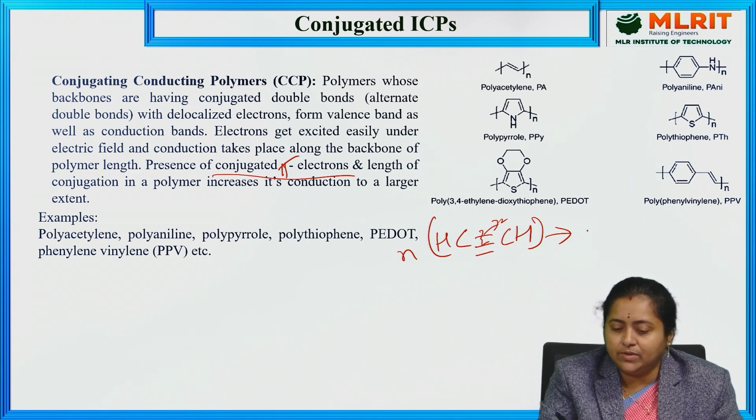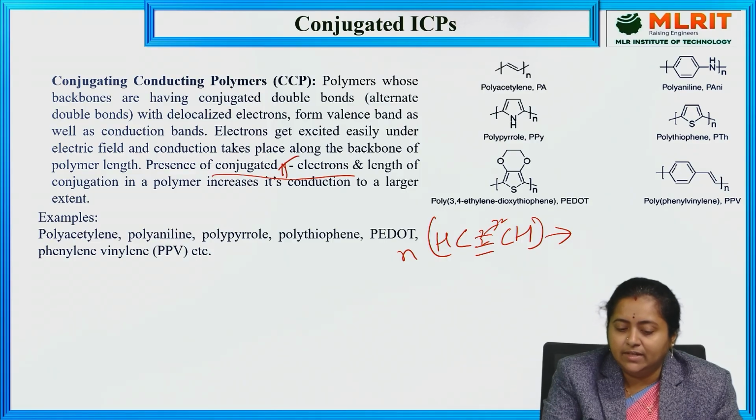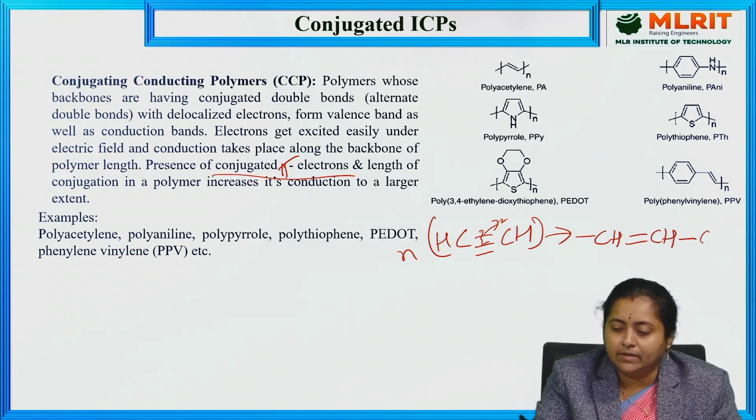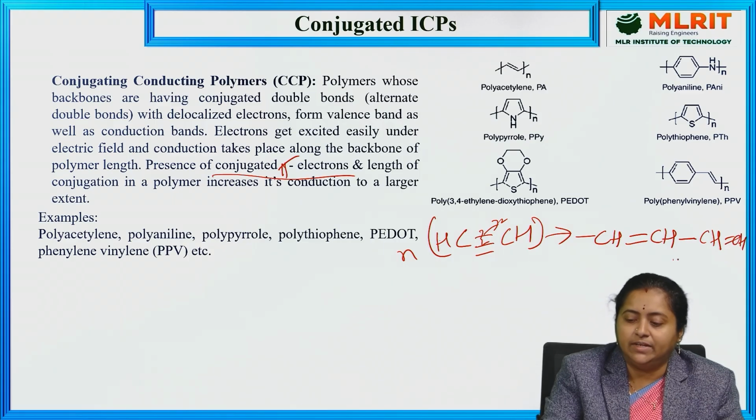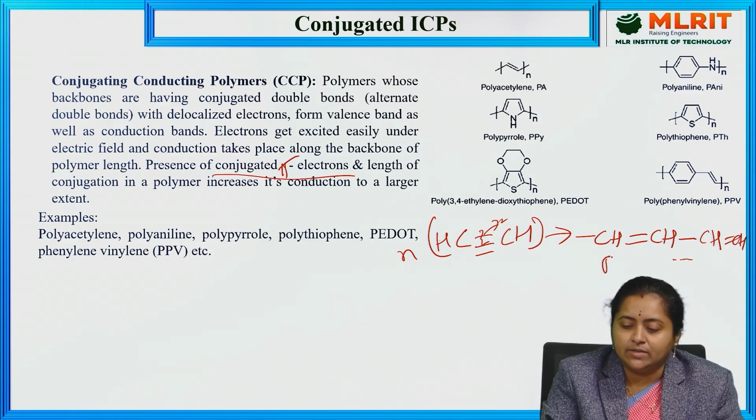If this pi bond breaks, each carbon will acquire a new sigma bond, that means CH double bond CH and then CH double bond CH. Like this the chain will continue. This is what we call polyacetylene.